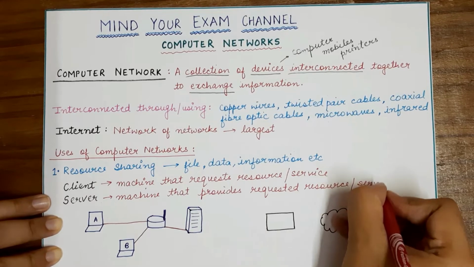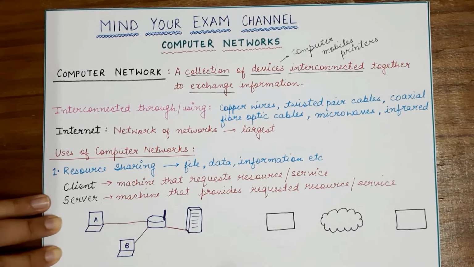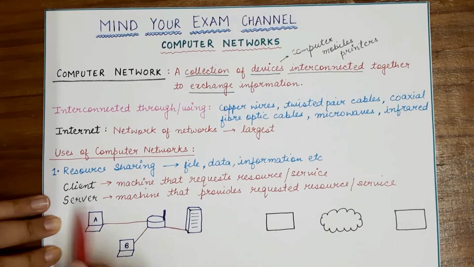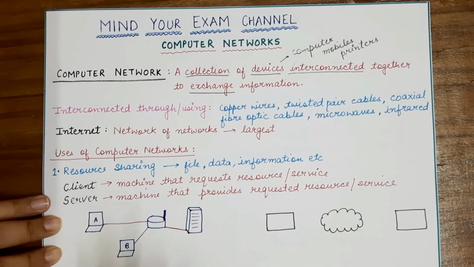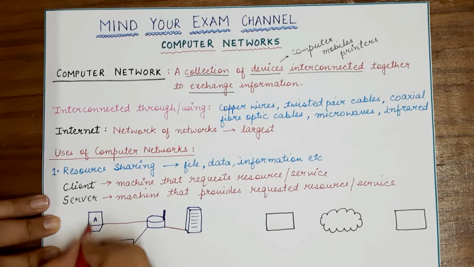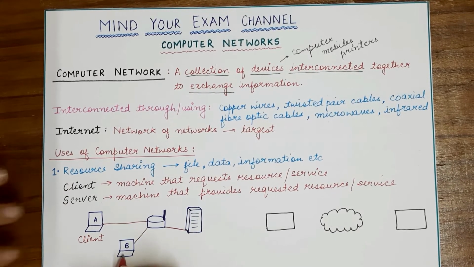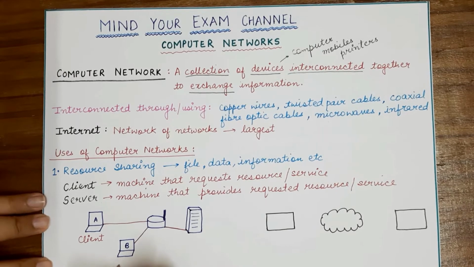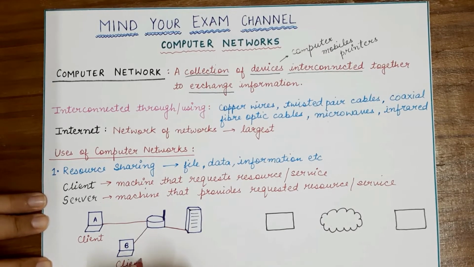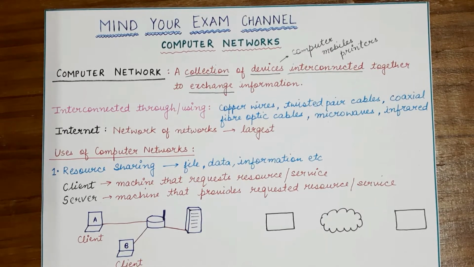Now, as you can see in the diagram that I have drawn here, it is a very small network that consists of 4 devices. There is a laptop A, which is a client. I will tell you why this is a client. Then there is a laptop B or any desktop B, which is also a client. Why is this a client? Because these are requesting information from the server.